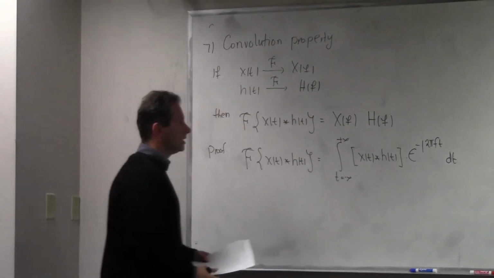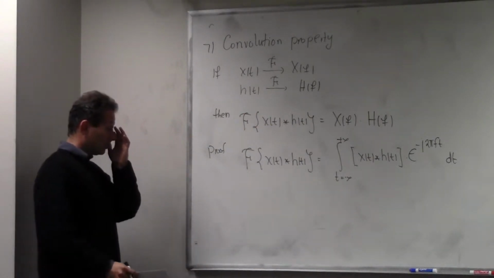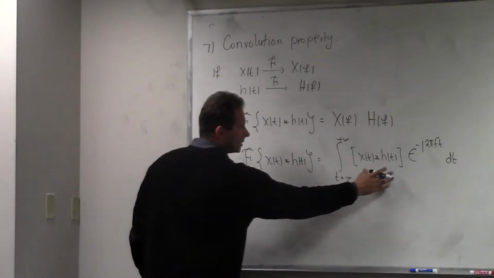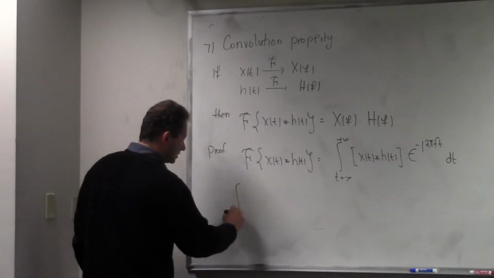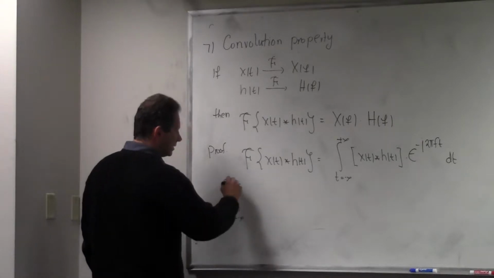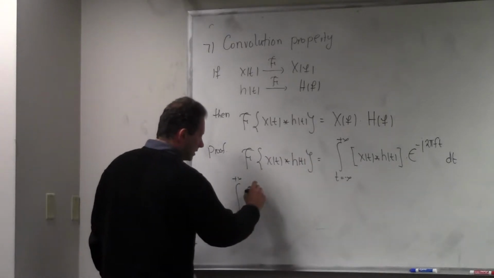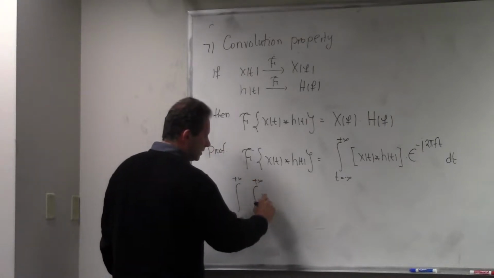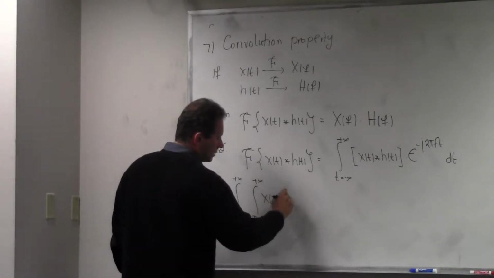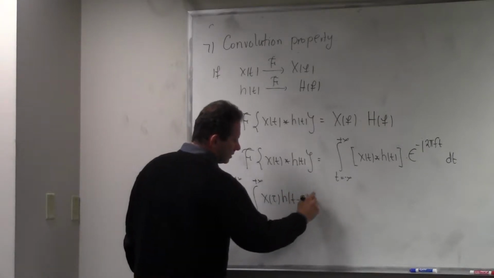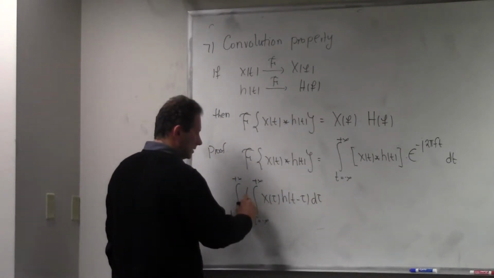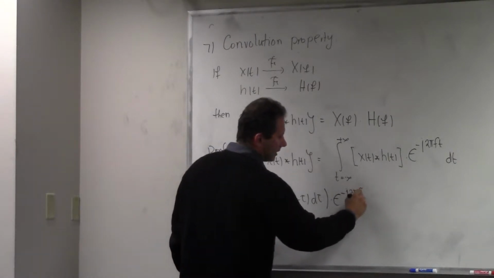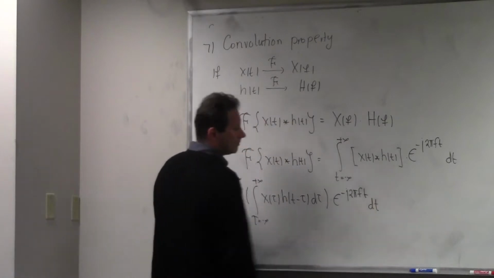Just a straightforward application of the definition here. But then this middle part is also an integral. So the whole thing is the integral when t goes from minus infinity to plus infinity, the integral inside is tau goes from minus infinity to plus infinity, x of tau, h of t minus tau, d tau. And then this needs to be multiplied by e to the minus j 2 pi f t dt.